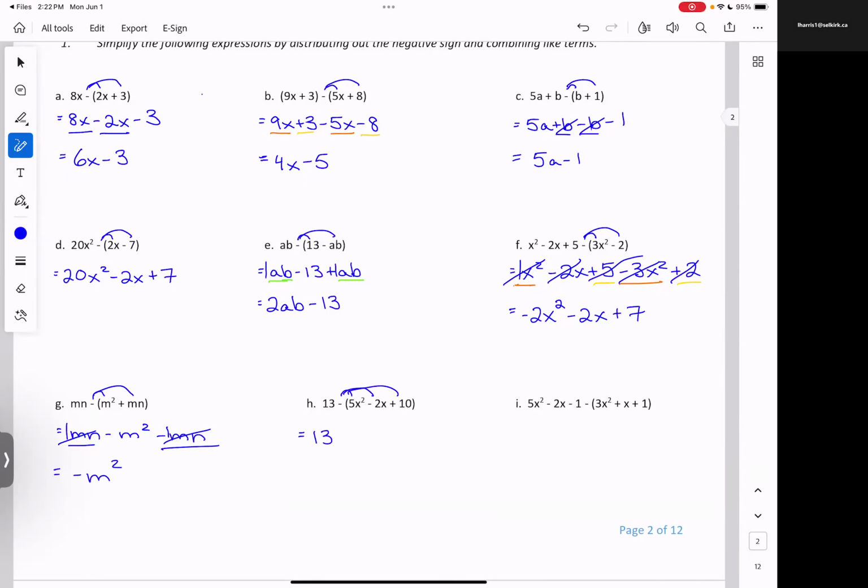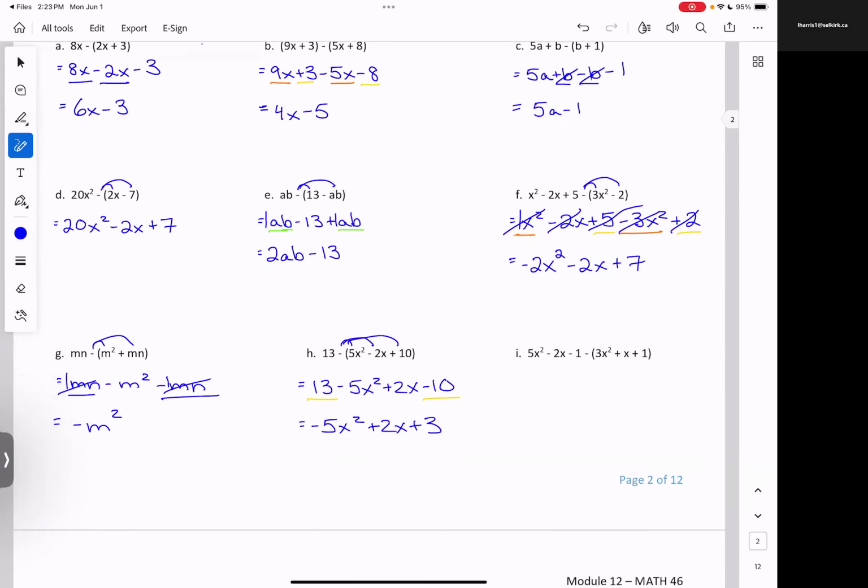So 13 minus 5x squared plus 2x, and then minus 10. And the only like terms here I have are the constants. So then I get negative 5x squared plus 2x, and then 13 minus 10 gives me plus 3.